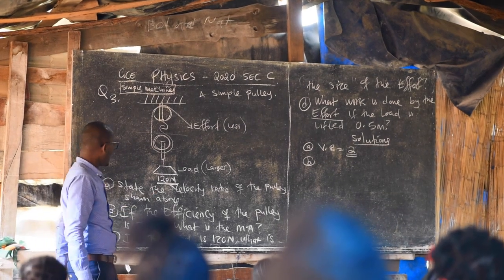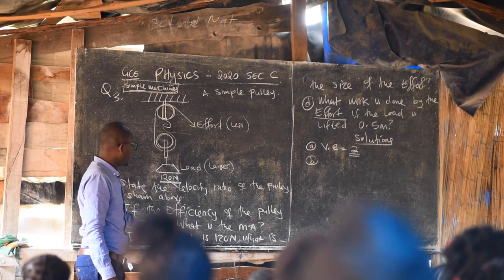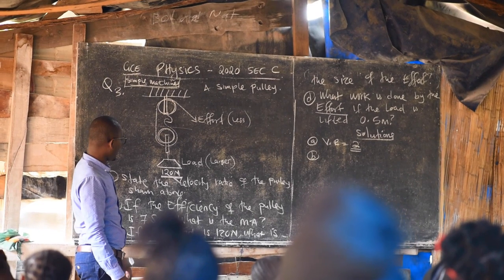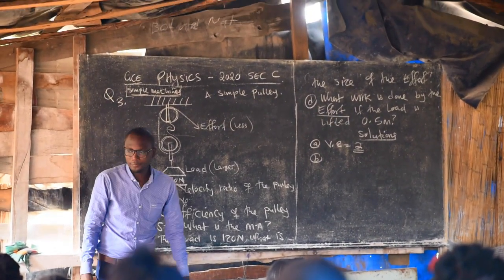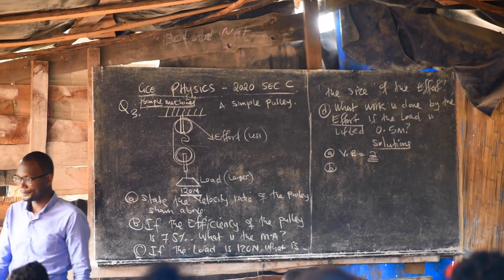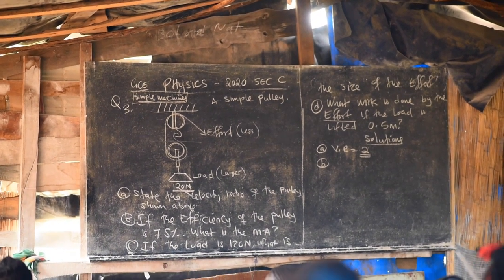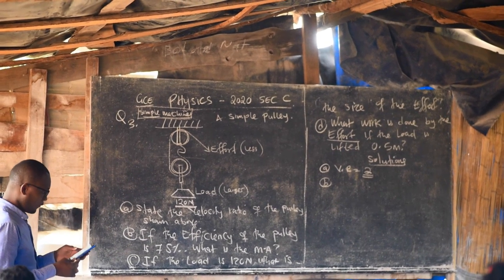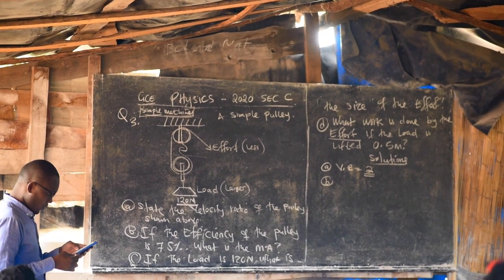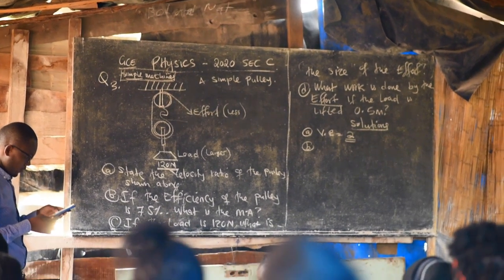If the efficiency of the pulley is 75%, what is the mechanical advantage? Okay. Is the load not really given? Check the question again. That is the load. What about the effort? The effort has not been given?